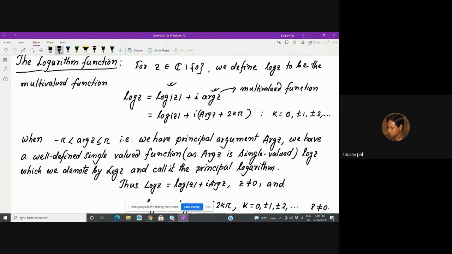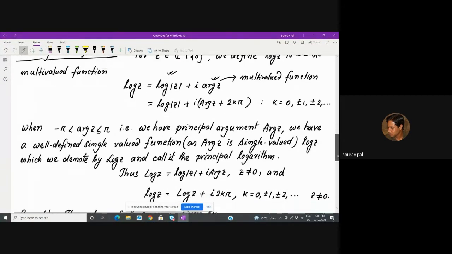So it has a particular name. When argument of z lies in between minus pi and pi in this way, then we have a single valued function log z, and we call it the principal logarithm. I told it yesterday. The principal logarithm is denoted with a capital L, and it is defined this way.